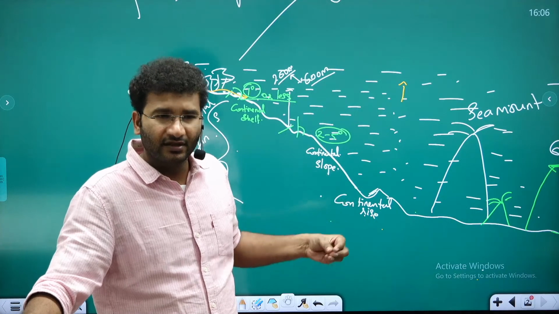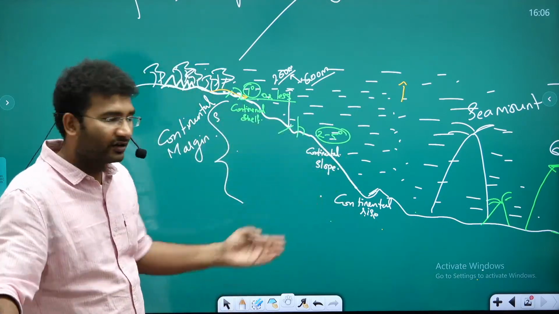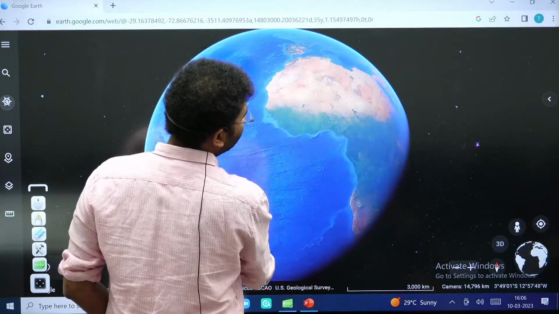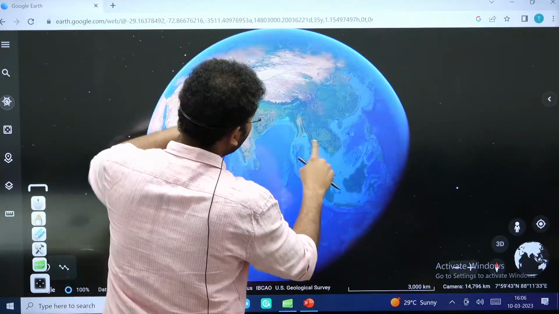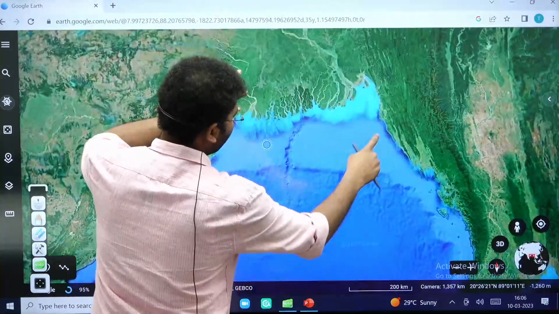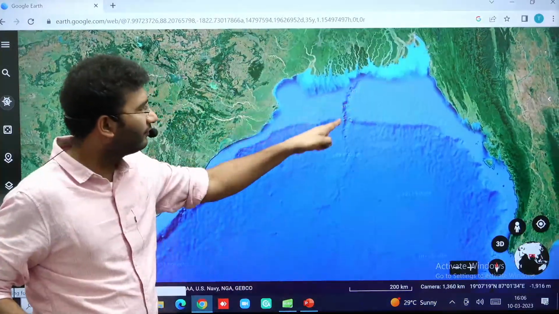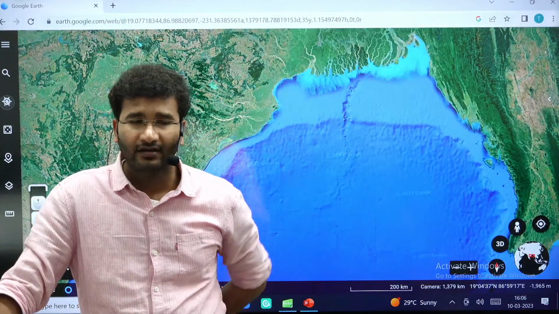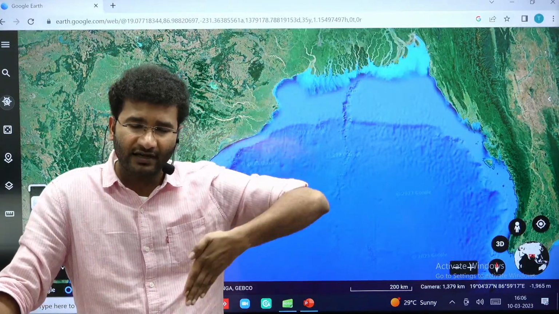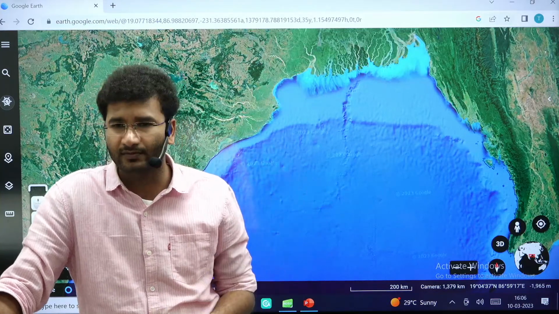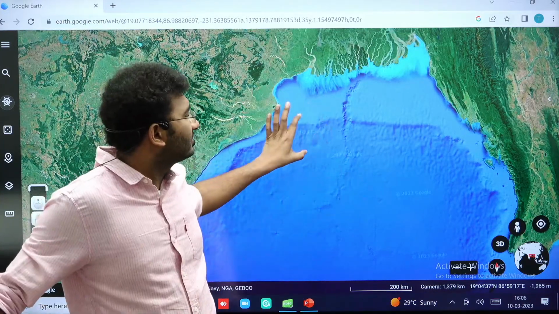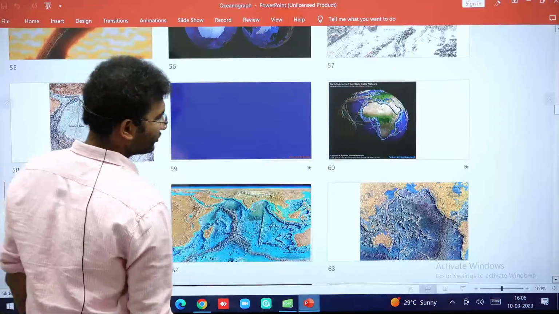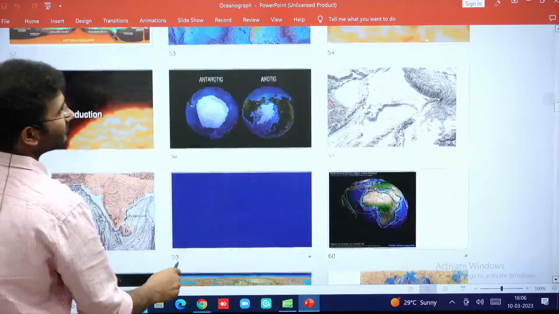At times, on the continental shelf and the continental slope, you will find a landmass or a feature like this. Can you see a rift into the continental shelf here? And that rift into the continental shelf can extend into the continental slopes also. These kind of rifts. So to be very precise, if I have to show, it is like this.